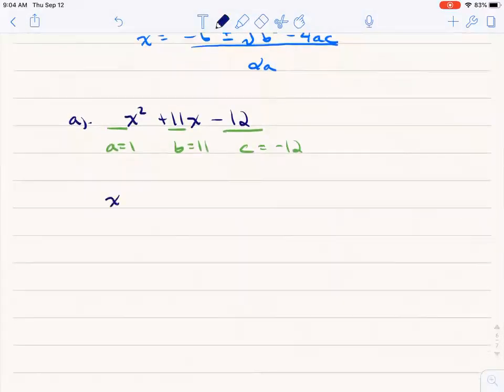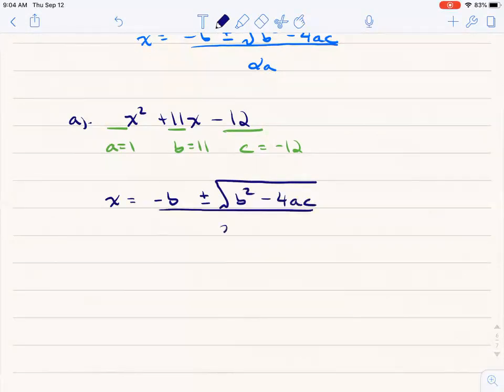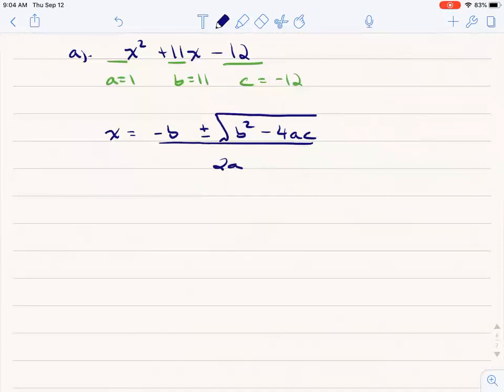So now we can solve. Okay, well, x is negative b plus minus the square root of b squared minus 4ac over 2a. Filling in these values, we've got negative b, so negative 11 plus minus the square root of 11 squared minus 4 times a, which is 1, times c, which is negative 12. You have to be careful.